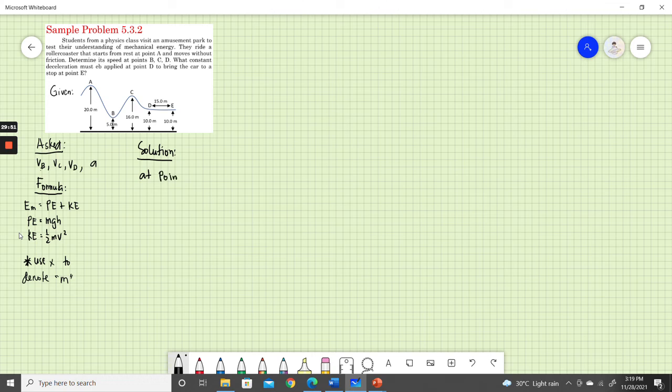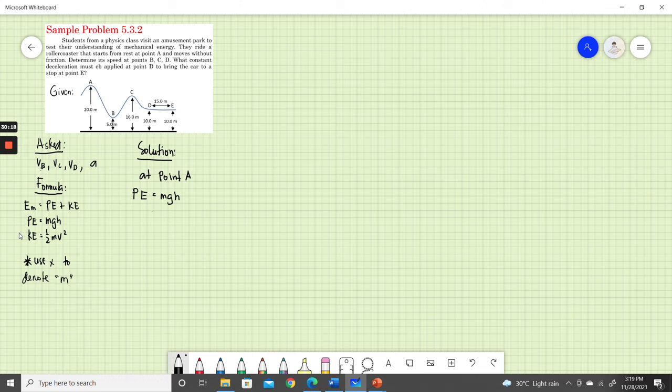At point A, we're going to measure the potential energy of the roller coaster. We know that potential energy is equal to mgh.